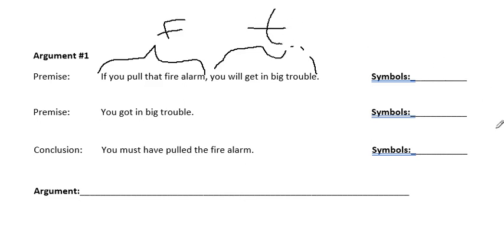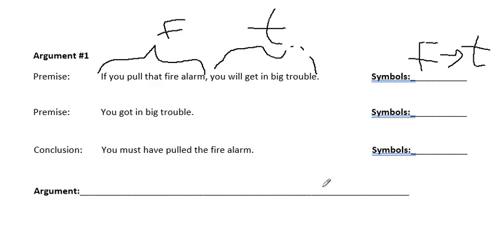So in logic symbols, if you pull the fire alarm, then you'll get into trouble would be F implies T. This is that compound statement translated into symbols.